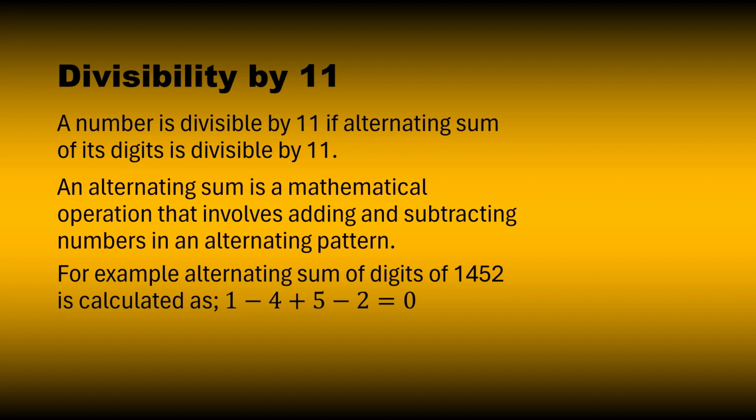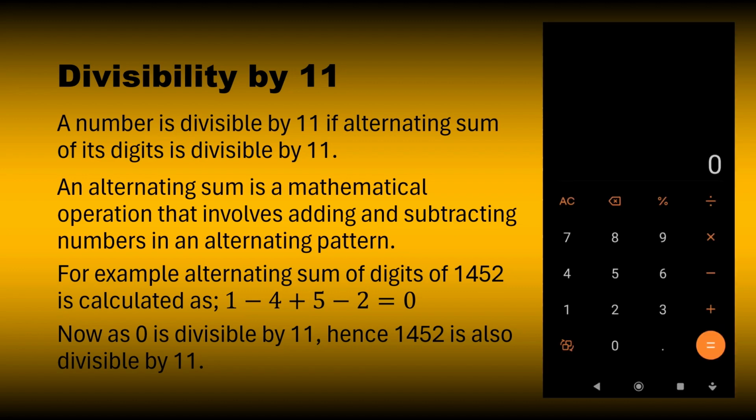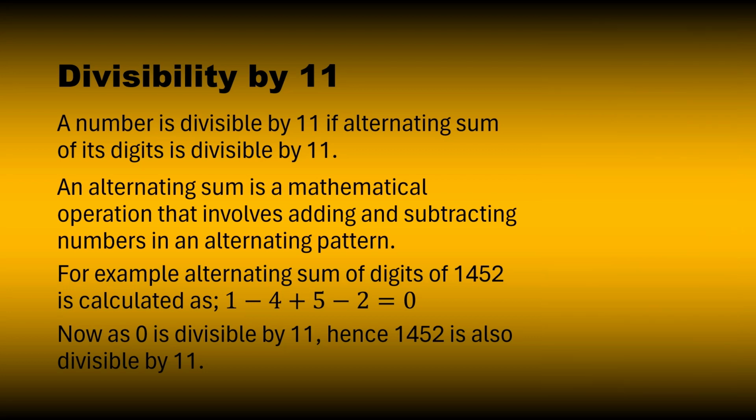Divisibility by 11. A number is divisible by 11 if alternating sum of its digits is divisible by 11. An alternating sum is a mathematical operation that involves adding and subtracting numbers in an alternating pattern.